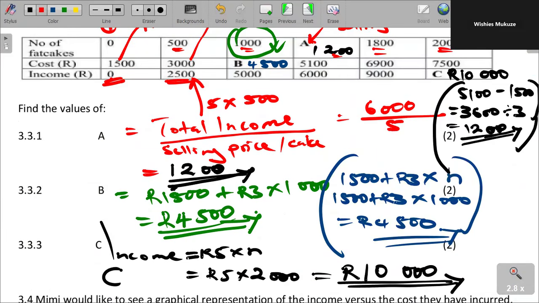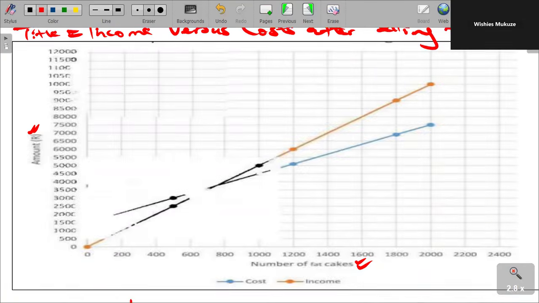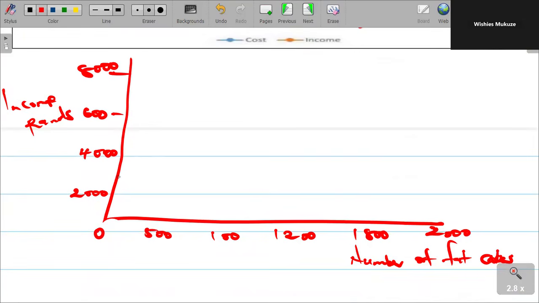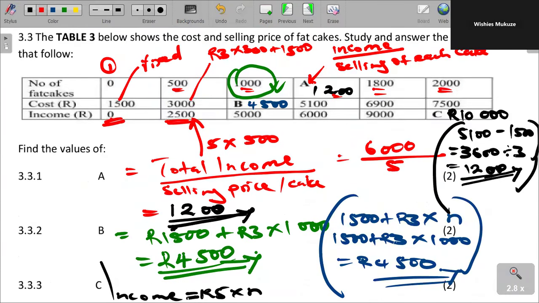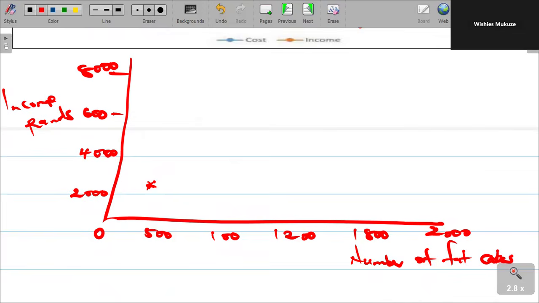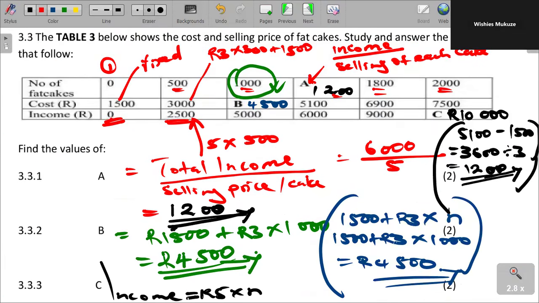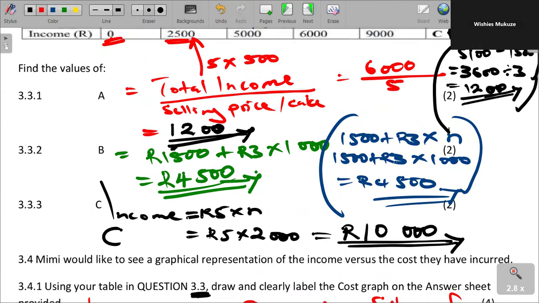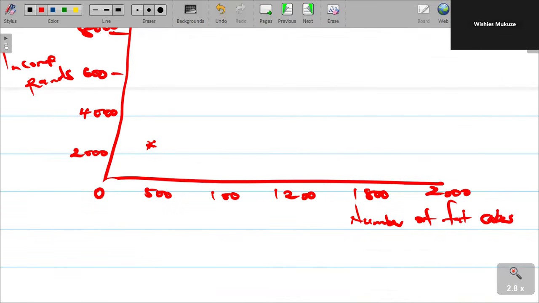For 0 cakes the income is 0, and for 500 it is 2.5, which is somewhere there. For 1,000 cakes, the income is 5,000, and for 1,200 it is 6,000, which can be somewhere here.